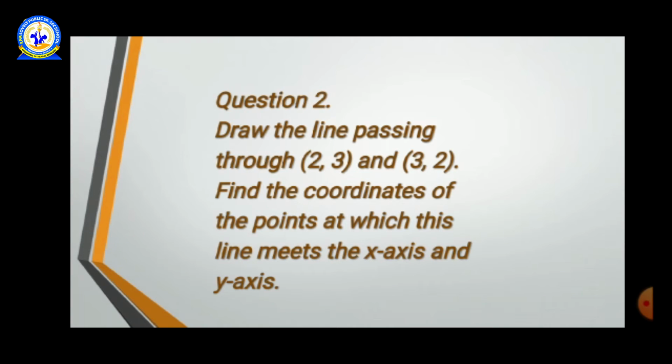Next, question number 2. In question number 2, they said, draw the line passing through 2, 3 and 3, 2. We have to first plot these coordinates on graph paper, and then pass one line through them, and after that find the coordinates of the points at which this line meets the x-axis and the y-axis.